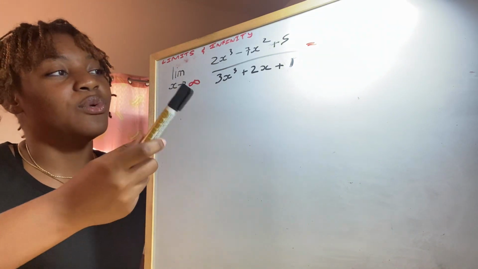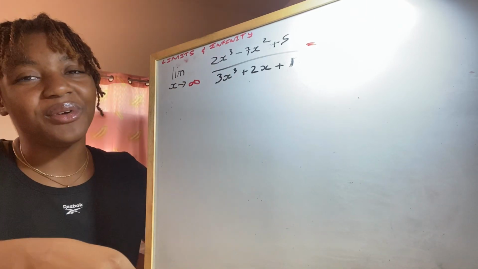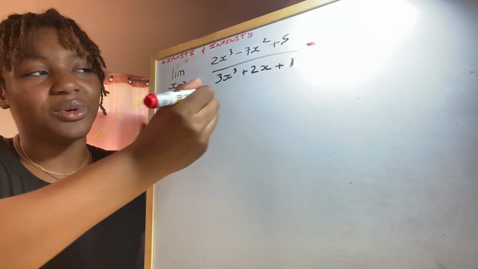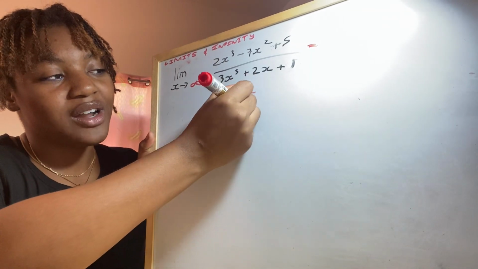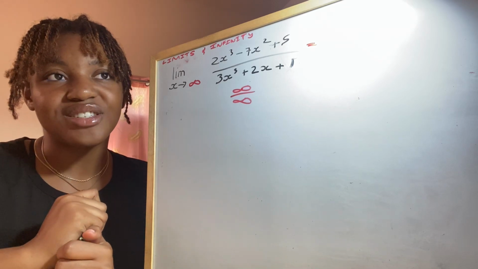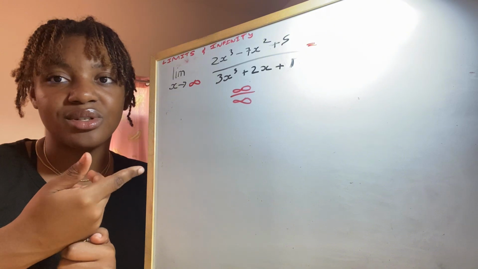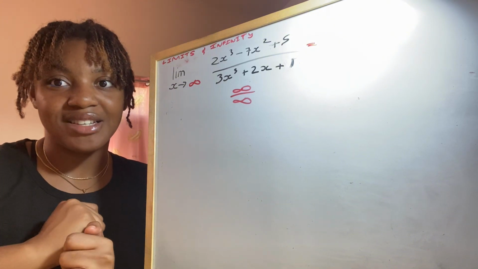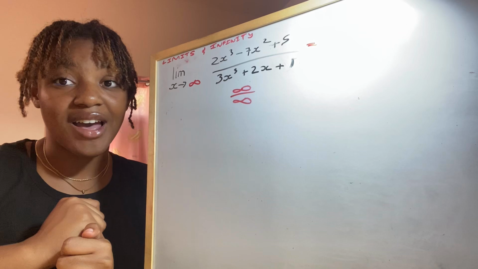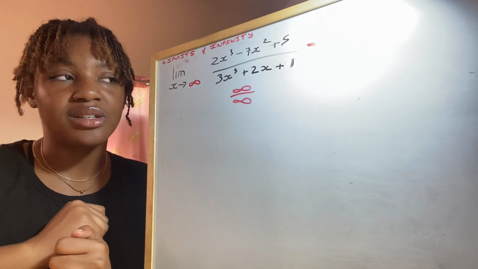Right here, we would put infinity wherever we say x, and we're going to end up with infinity over infinity, which we call indeterminate. Just like how we saw 0 over 0 as indeterminate, the same case goes here. That doesn't mean the limit of the function is undefined or doesn't exist. It simply means we have to go to other methods to evaluate it.